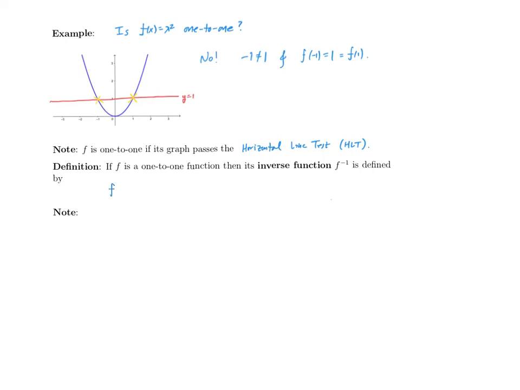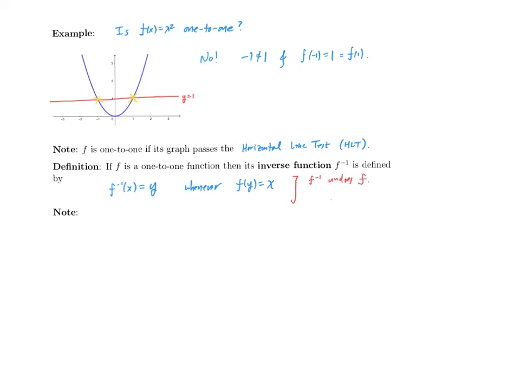We say that f inverse of x is equal to y whenever, and just remember intuitively, an inverse undoes the function, whenever f of y is equal to x. So again, f inverse undoes the function f.